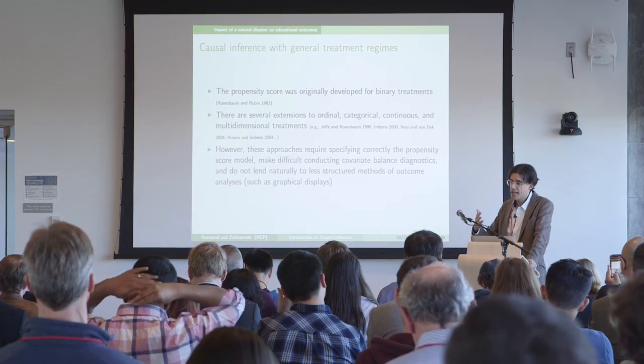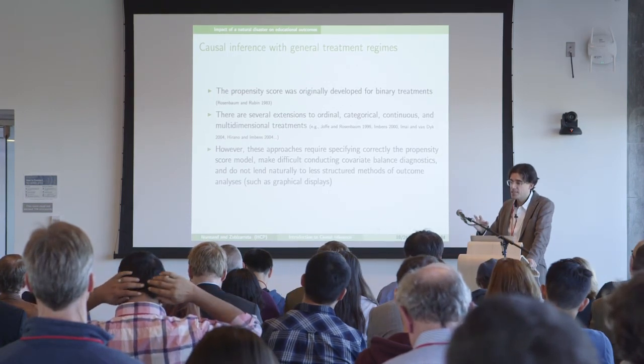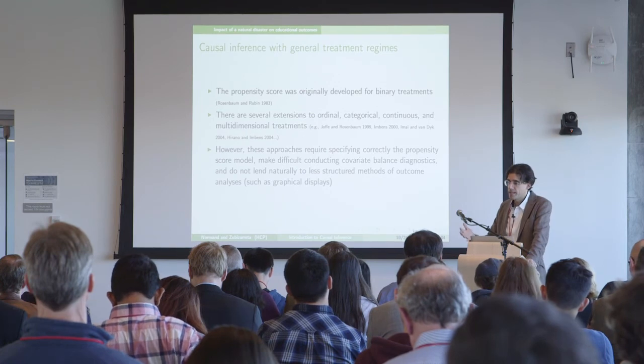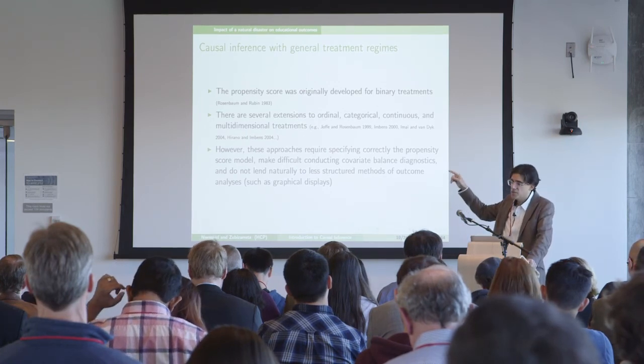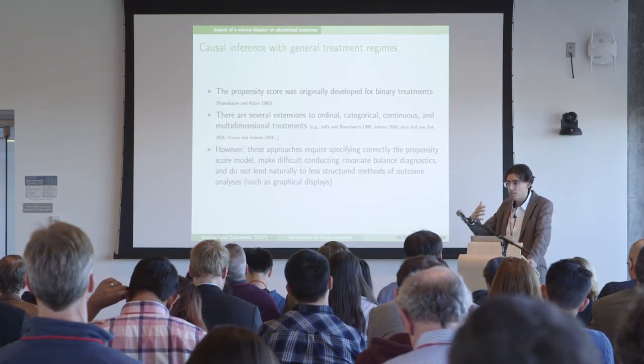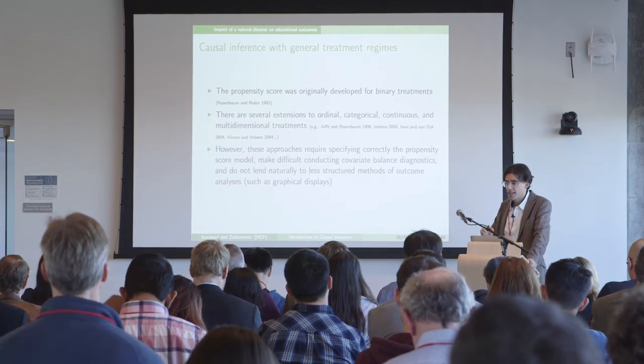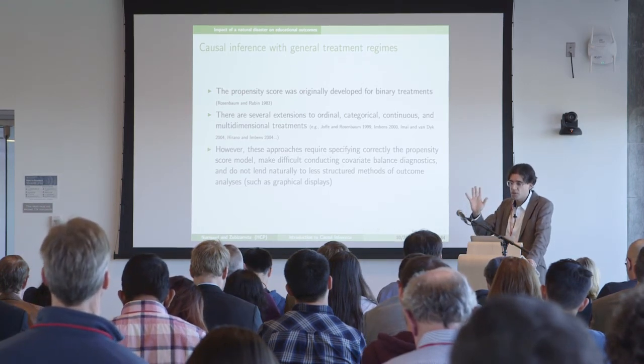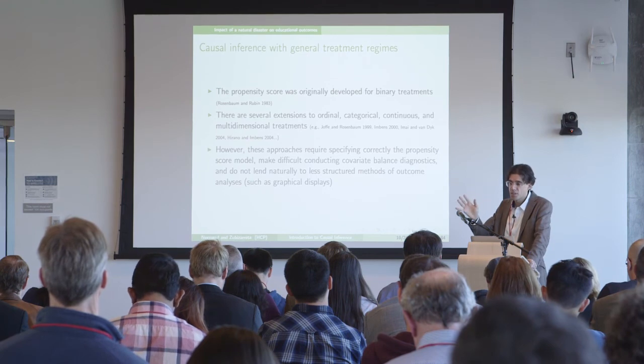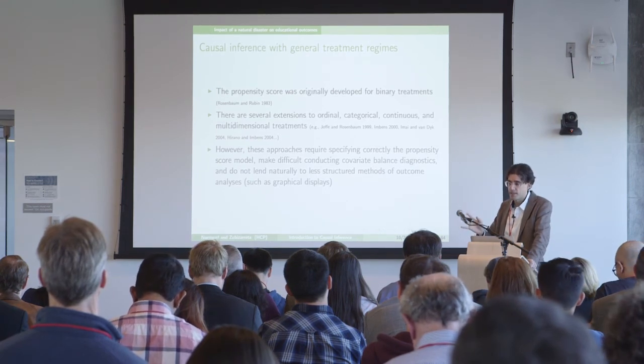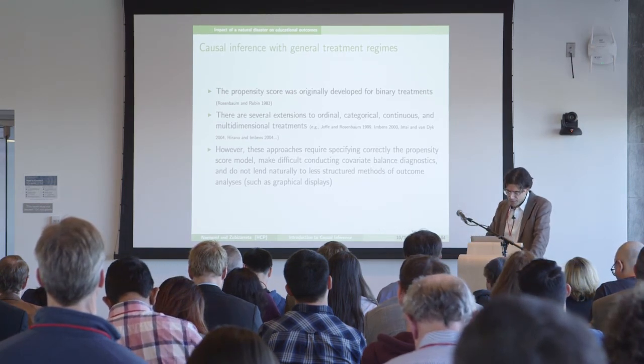And we also want to analyze the outcomes in a very simple and structured way. Oftentimes with these methods, you have to fit more complex models to analyze the outcomes. And we would like to be able to show plots and tables and figures to see what is going on with the effects. So we're going to use matching for this.